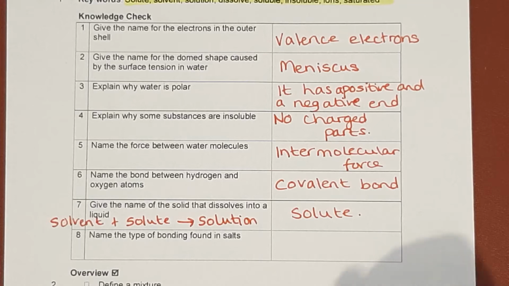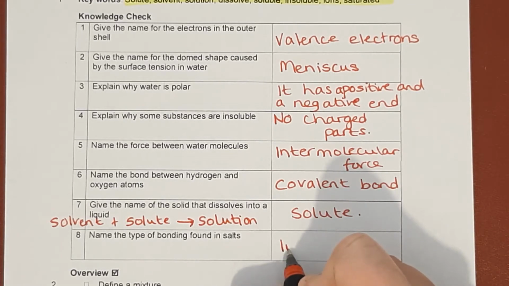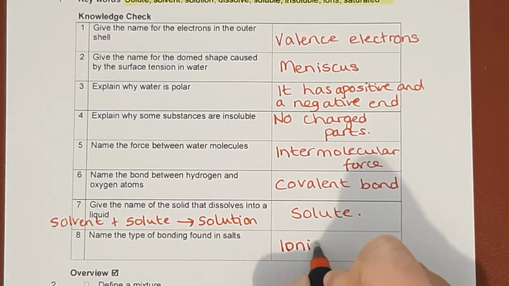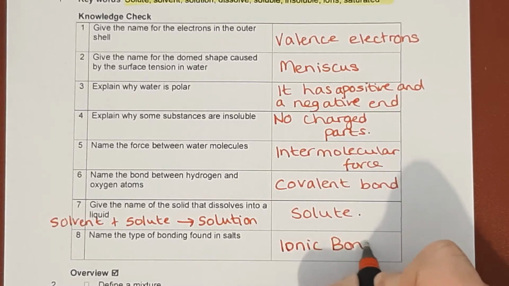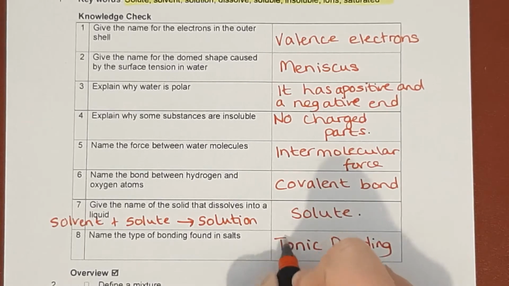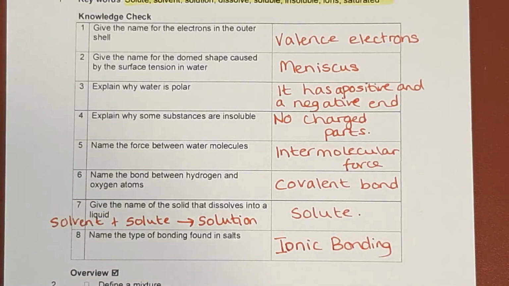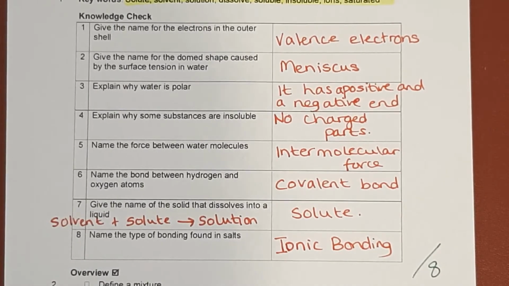Name the type of bonding found in salts. That would be ionic bonding. Okay, give yourself a mark out of 8. If you got 5 or more, then good.